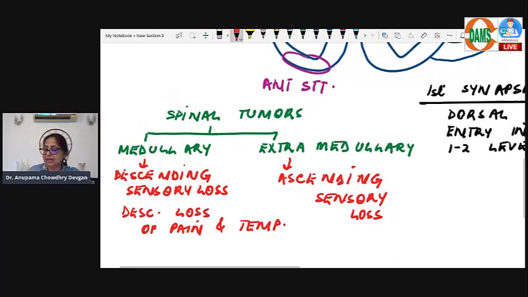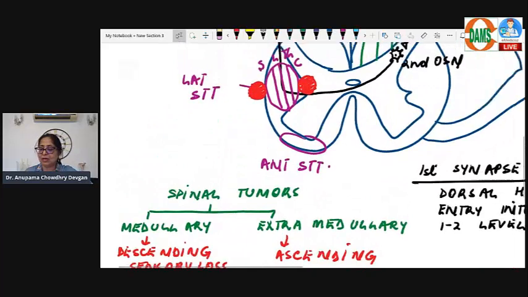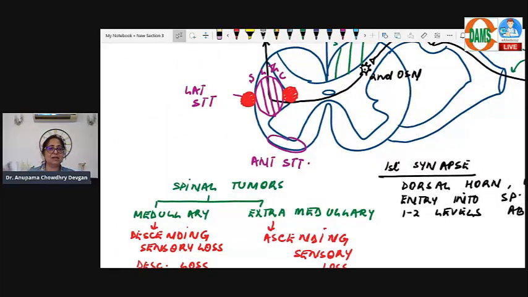Have you understood? Which are the fibers getting compromised here? If it is a medullary tumor which arises from within the spinal cord, it will first impinge on the fibers which are placed medially. Which fibers are placed medially in the lateral spinothalamic tract? Cervical, thoracic. So the sensory loss will be first in the cervical area, then thoracic, then lumbar, and then sacral.